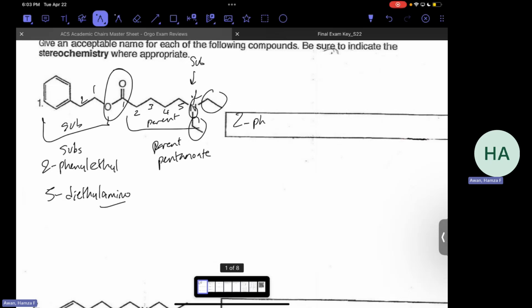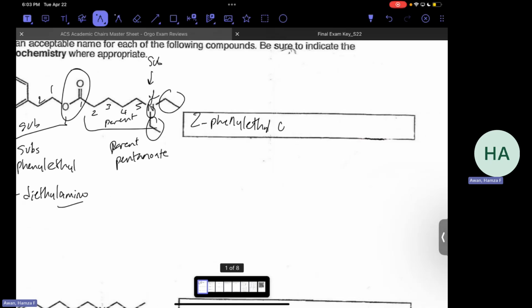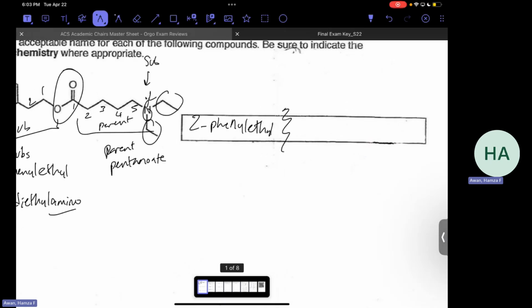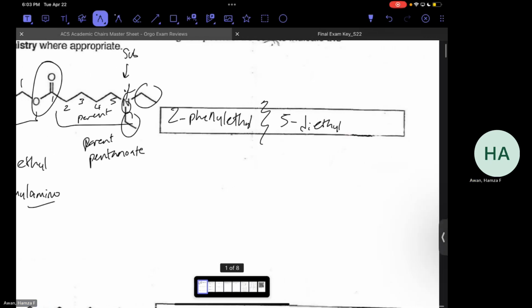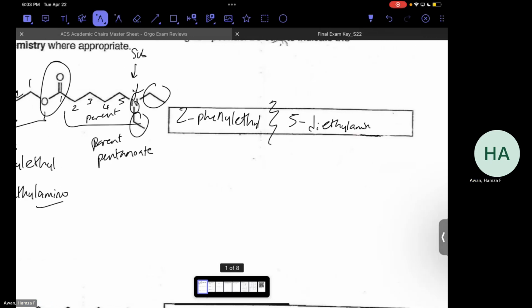So 2-phenylethyl. And then remember for esters we leave a space in the middle. So I'll put a dash to show that we have a space there. Phenylethyl 5-diethylamino pentanoate.